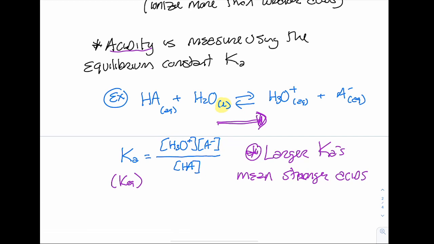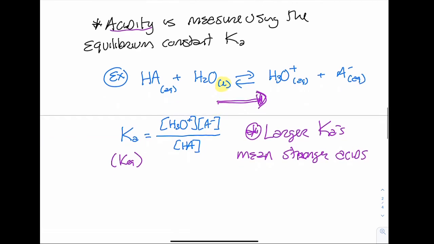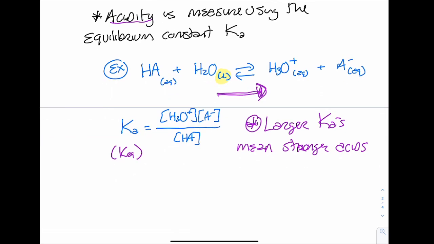What larger Kas actually mean is that products are favored at equilibrium, and the products are what happens when that acid donates its proton. So the more readily it is able to donate that proton, the more products I have. That's making sense. Again, this is all just 152 review.